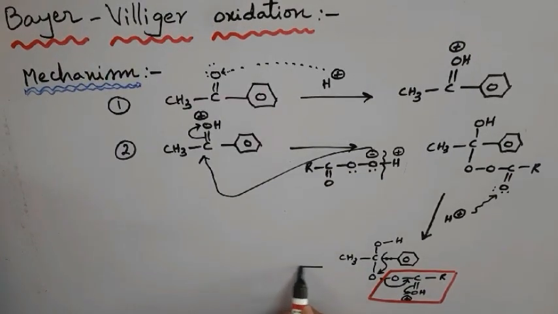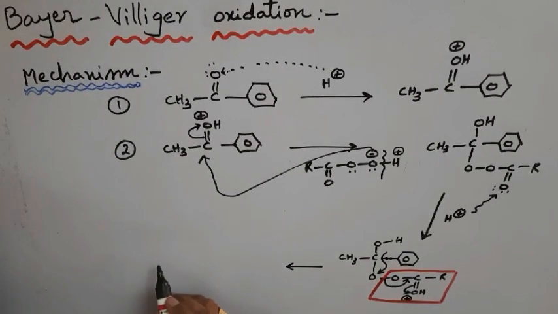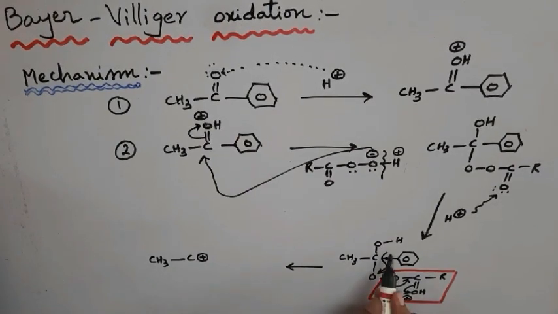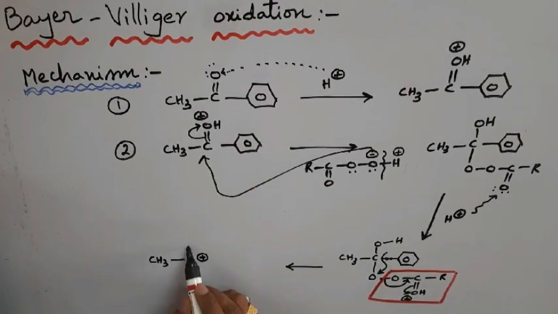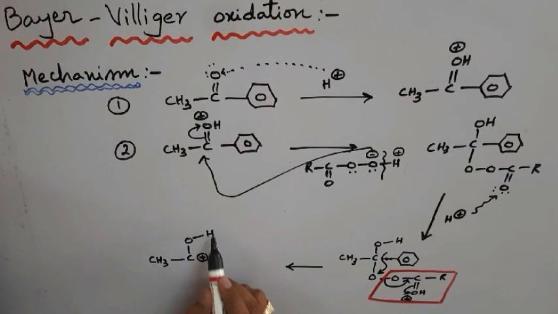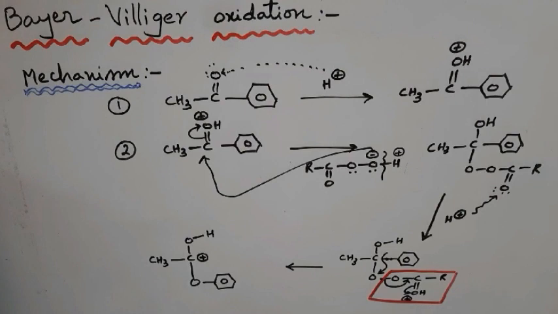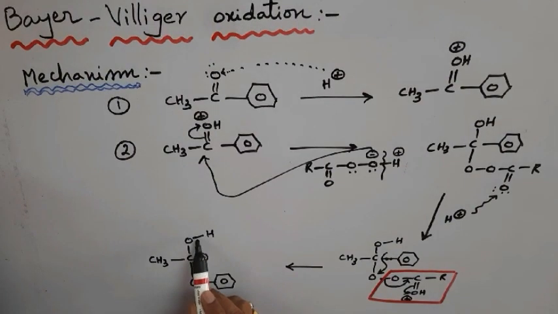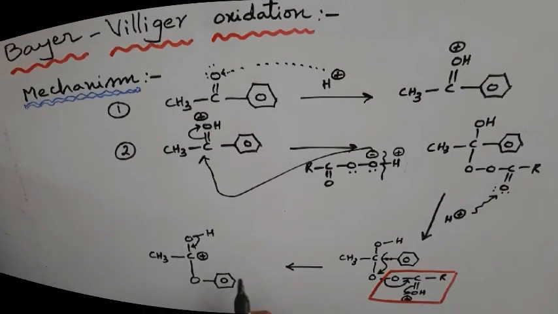It is CH3, with a positive charge on the carbon because it has lost the phenyl group along with the bond pair, and OH, O, to which the phenyl group has migrated. Now this species loses a proton to give the ester of our choice.